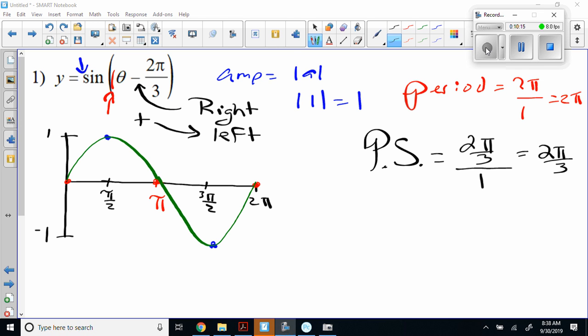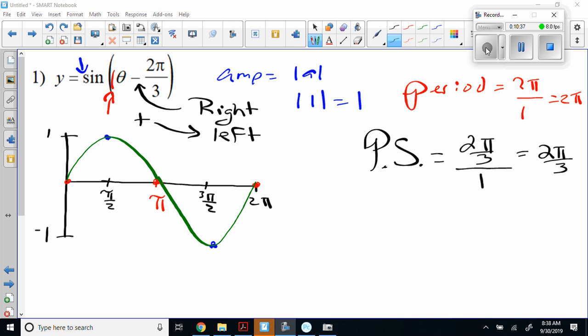So what do we do? Where is 2 pi over 3? It's where?